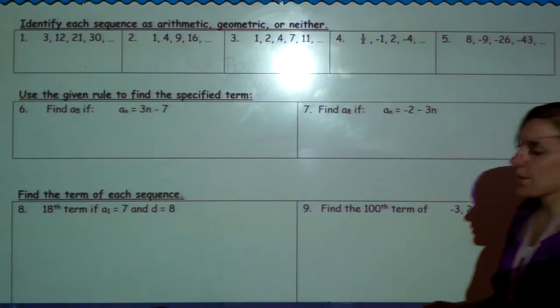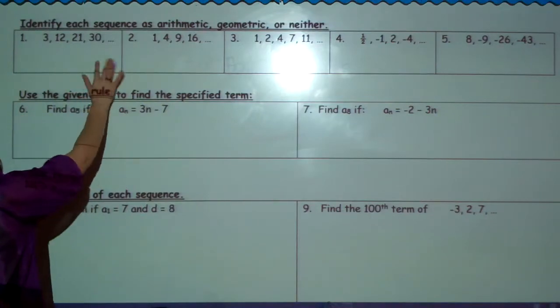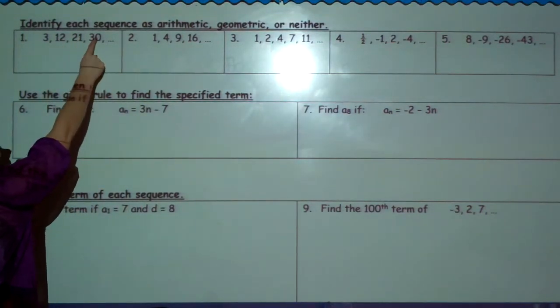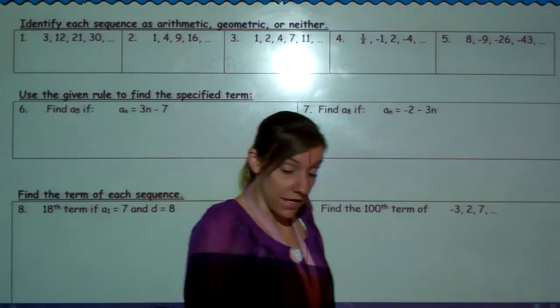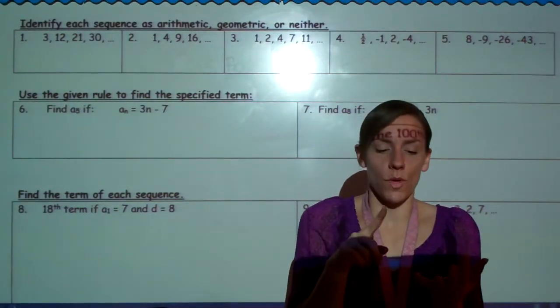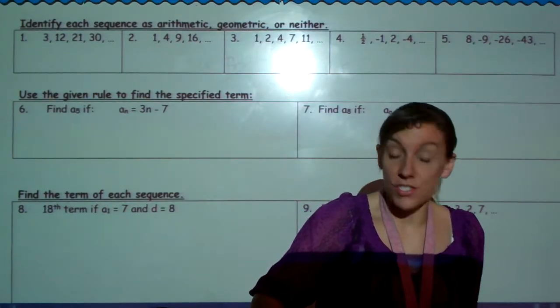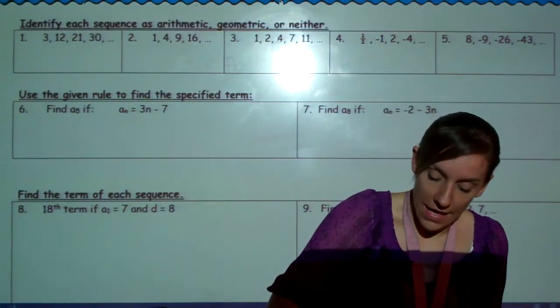Alright, so let's just look at the numbers. It's a list. This is going up by 9. It's going up by 9. It's going up by 9. So I just asked, well, what is being added or subtracted, or what is being multiplied? So I just started with adding or subtracting.